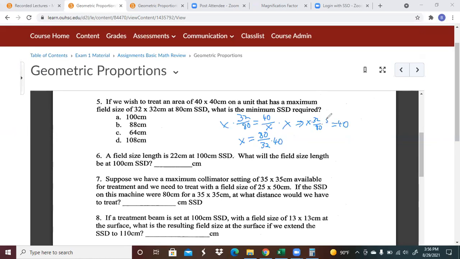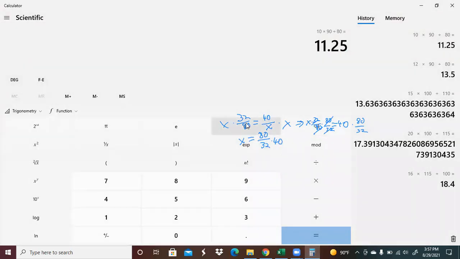But we want to get x isolated on one side by itself, so we multiply both sides by the reciprocal here. And so that's where that comes from. Now, multiplying that out, 80 divided by 32 multiplied by 40.